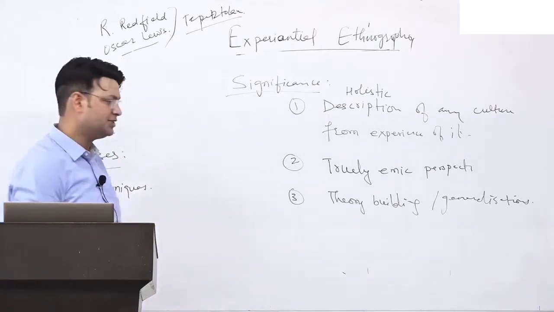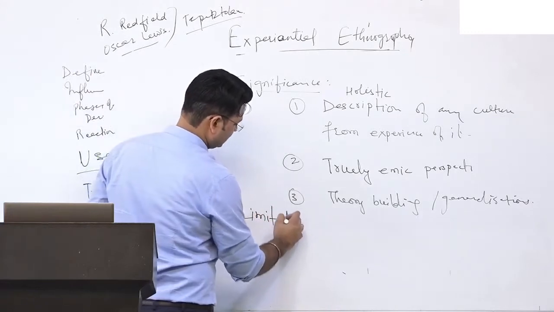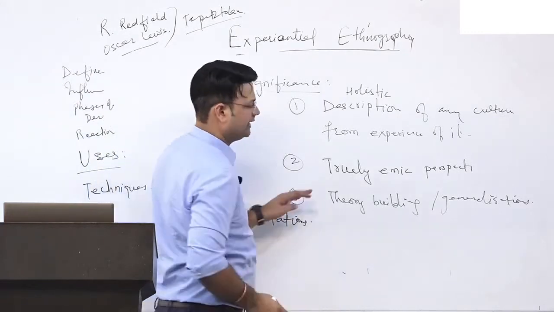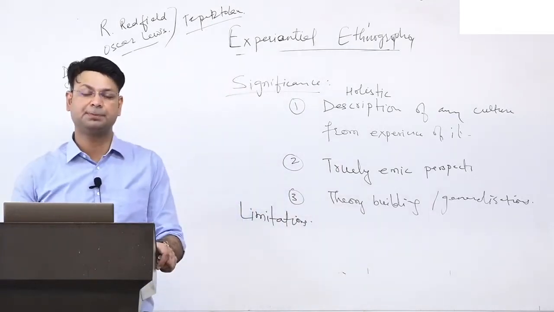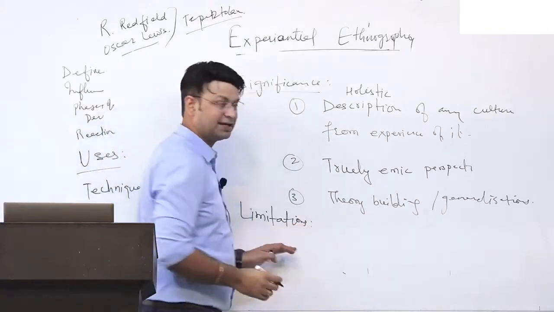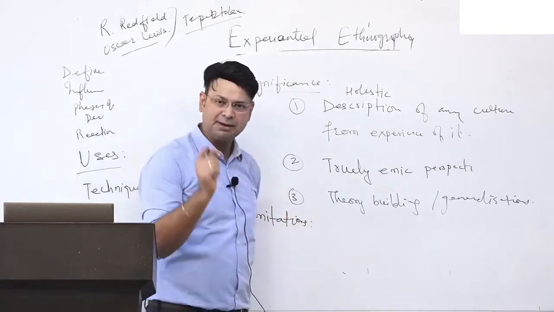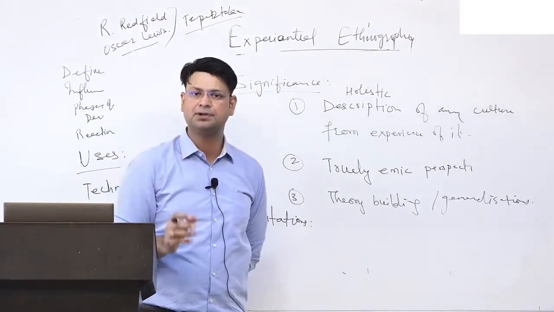Do we have some limitations about it also? That also let us see. See, when you are going for the experience of the people, for what people perceive, what people feel, right? So what materialists like Marvin Harris say is that the emic perspective can be misleading, and he gave examples also.